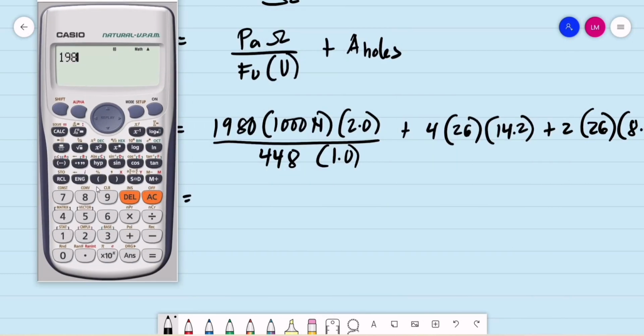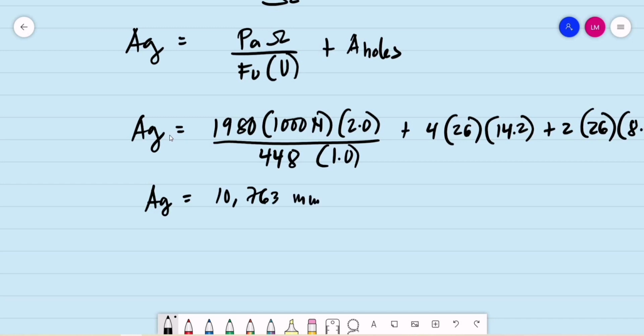So computing for the required gross area under ASD. This is 1980 multiplied by 1000 to be in newtons, times 2, divided by 448. Then plus 4 times 26 multiplied by 14.2. Then plus twice 26 multiplied by the thickness of the web, 8.6. So the required area is 10,763 square millimeters. I'll just be using whole numbers since they are just our reference.